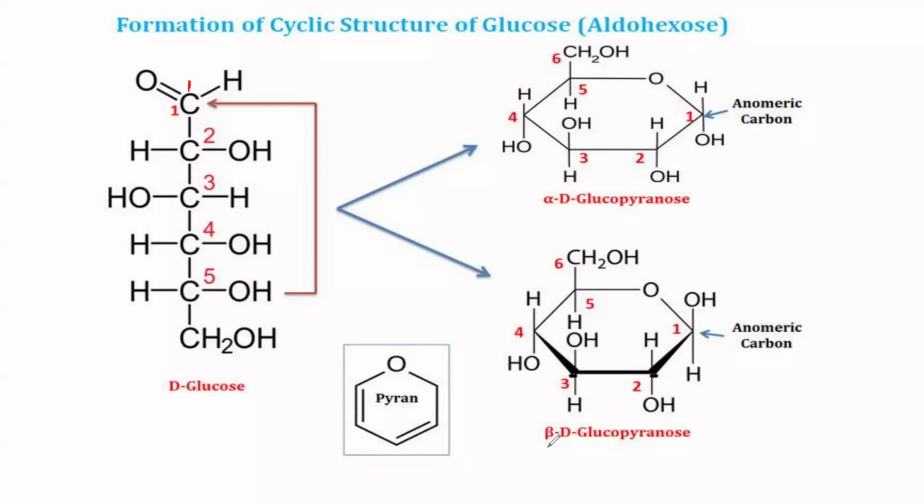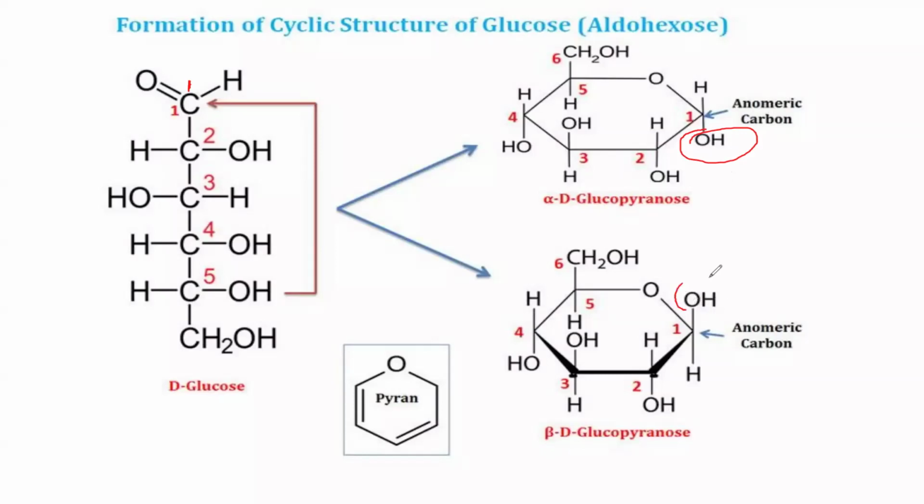What is the difference between beta D-glucopyranose and alpha D-glucopyranose? The difference is just the orientation of the OH group. In the case of alpha D-glucopyranose, the OH group of the anomeric carbon is looking downward, while for the beta, it is upward.